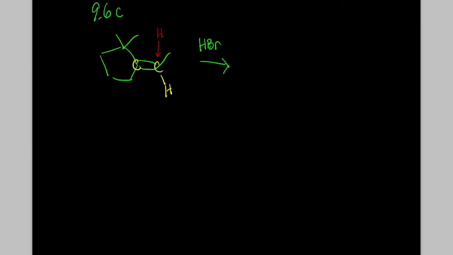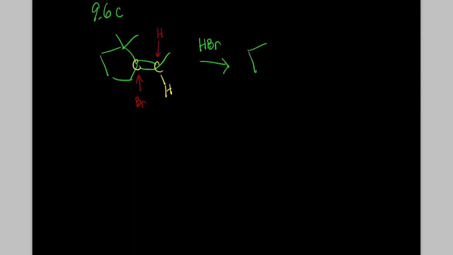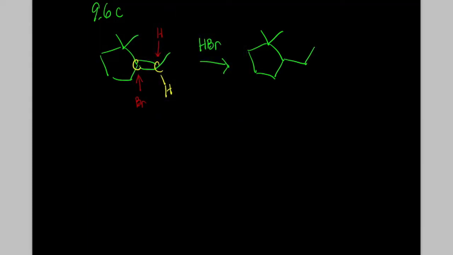That's where the hydrogen goes. And the bromine's going to go over here. All right. Next step, sketch out the sigma framework only. That means only the single bonds in this molecule. And then add in your atoms that you've indicated where they go. So bromine's going to go here. Hydrogen's going to go here.